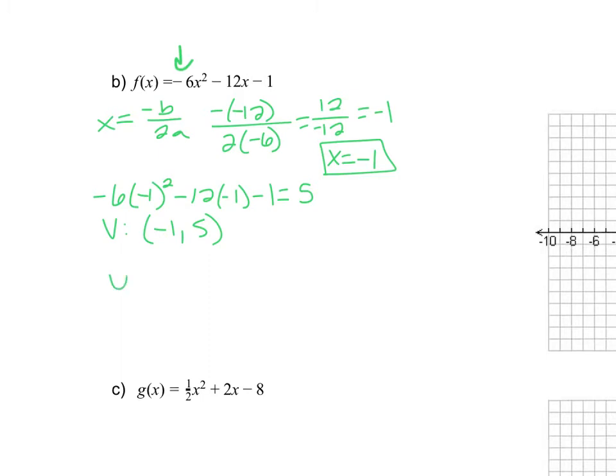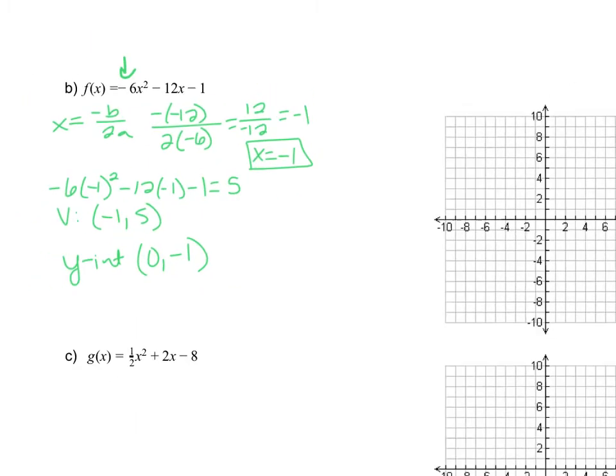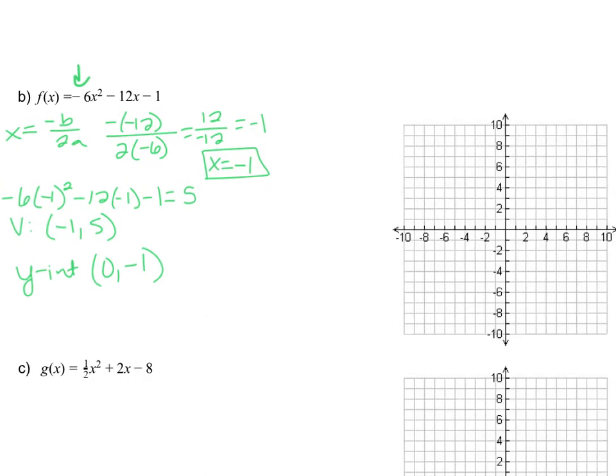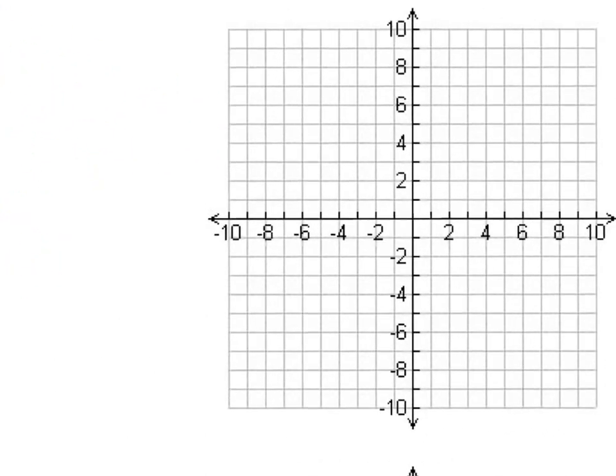Okay, and the last thing we need to know is our y-intercept. Your y-intercept is at 0, and then your c value, and in this case it's negative 1. So let's plot this. We have negative 1, positive 5. And then we have our y-intercept, which we said was negative 1. Our axis of symmetry is that line.